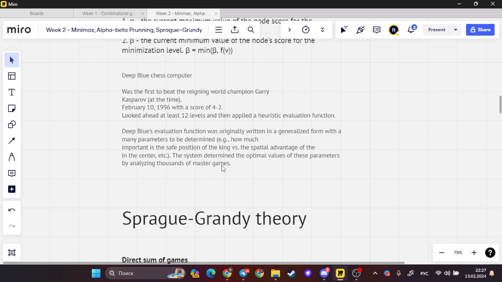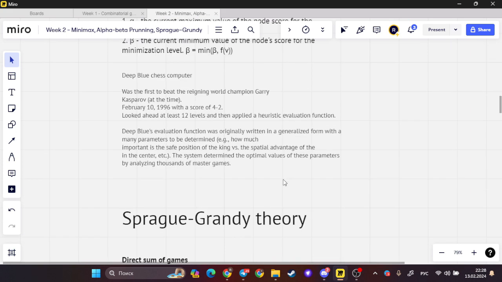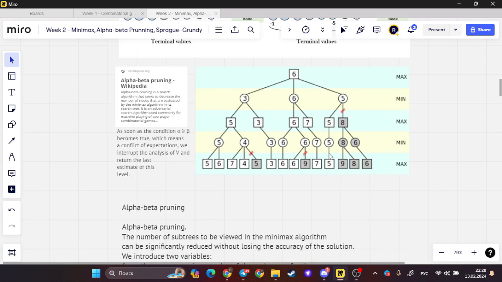Now you see that we came up with some optimization for our algorithm, and imagine that the Deep Blue chess computer used this strategy to beat Garry Kasparov. And now you can beat any world champion in chess if you program this algorithm.